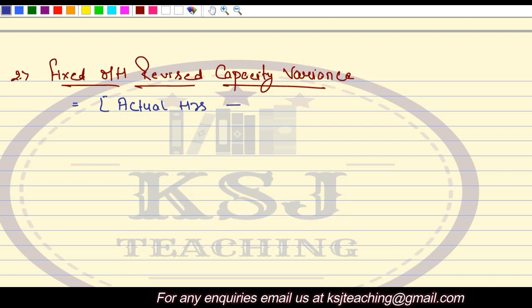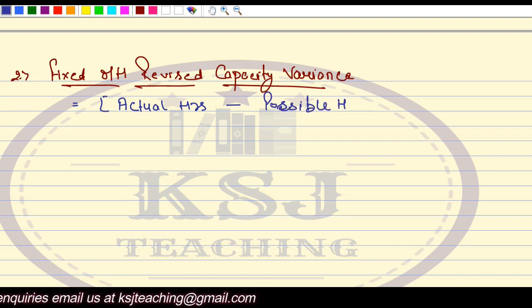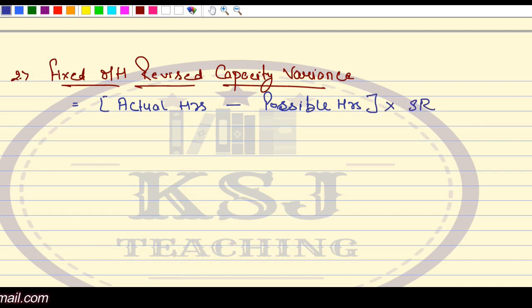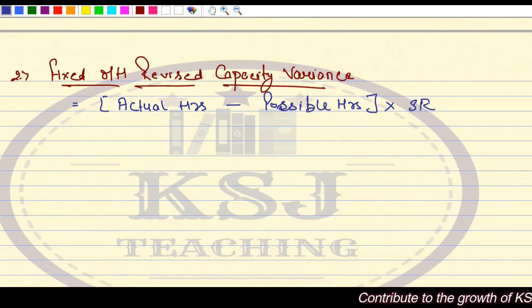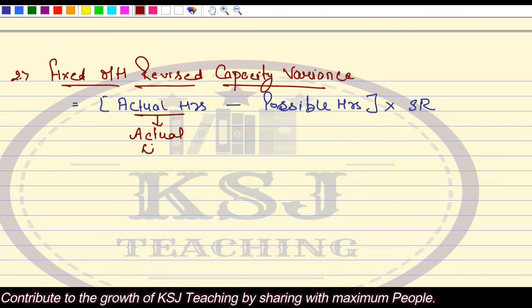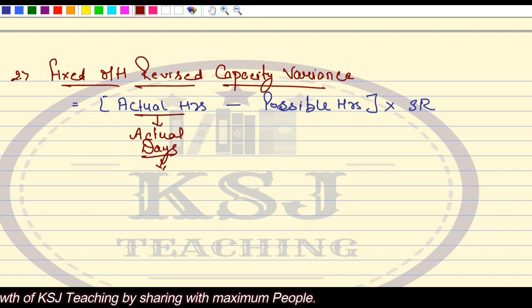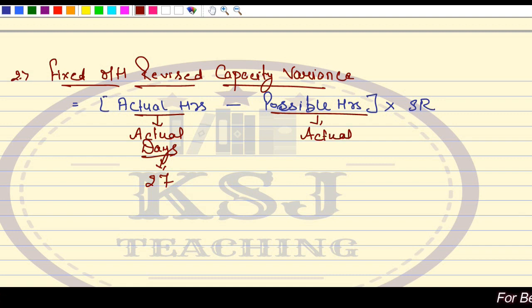So it is actual hours minus possible hours, multiplied by standard rate. Possible hours is budgeted hours for the actual number of days worked. These actual hours are for actual days, that is 27. Again, possible hours is standard hours for actual number of days, that is 27.